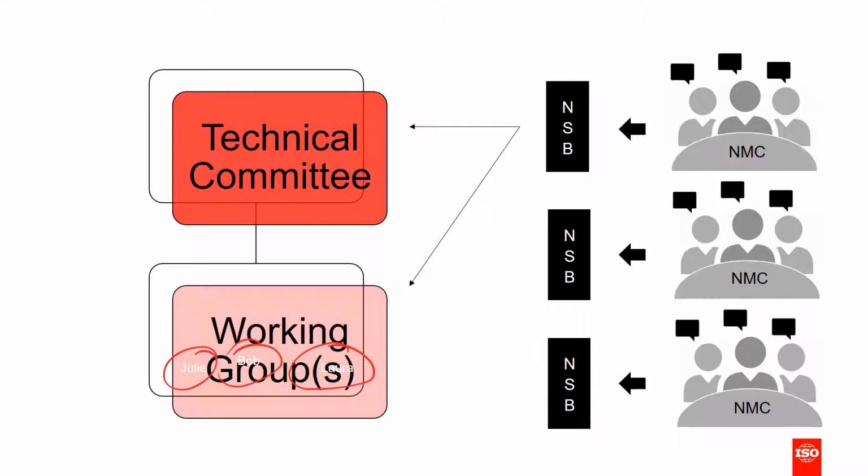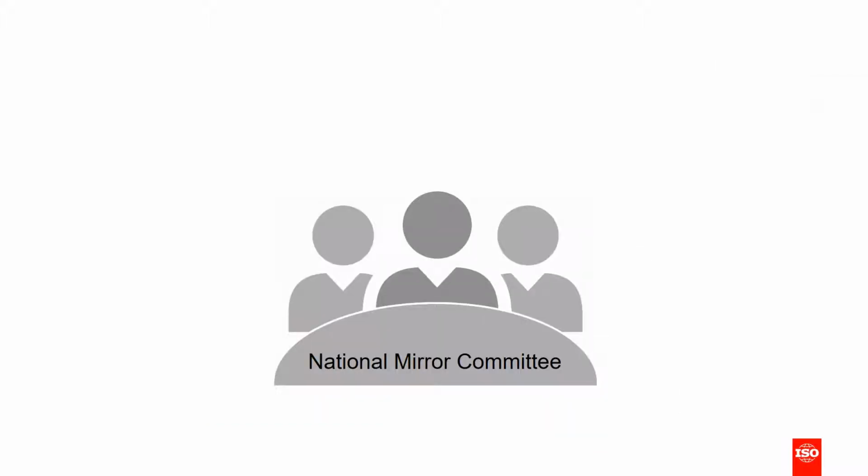So we have here the National Mirror Committee, and if we take a closer look at these National Mirror Committees, as I said a little earlier on, they're similar to the technical committees.